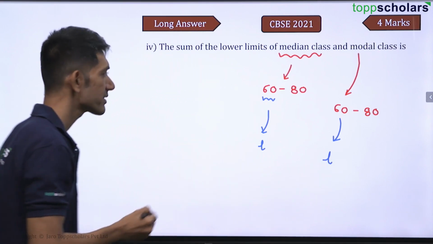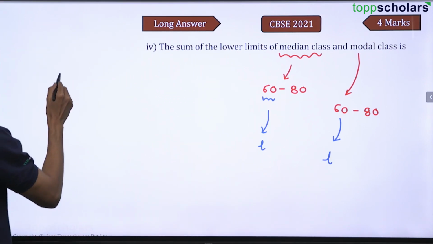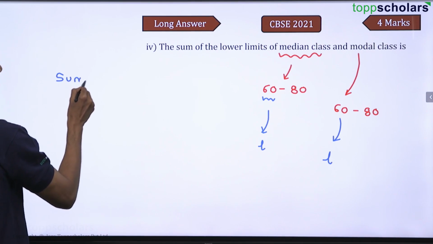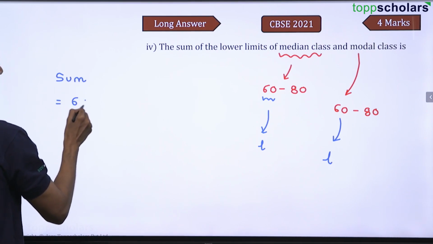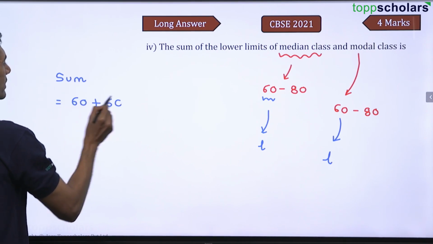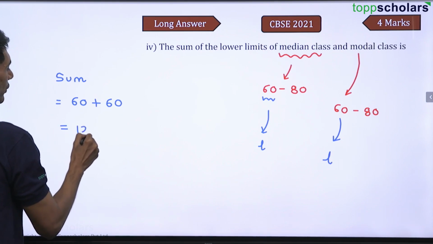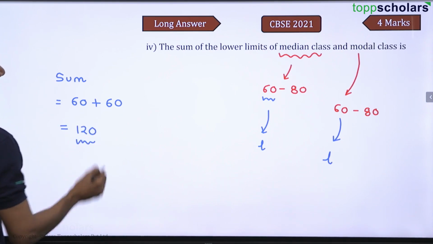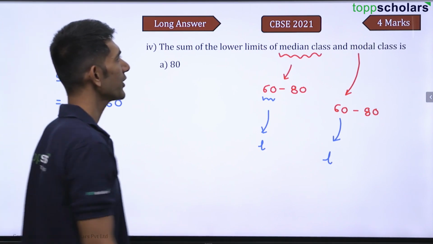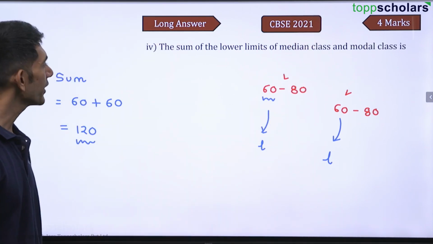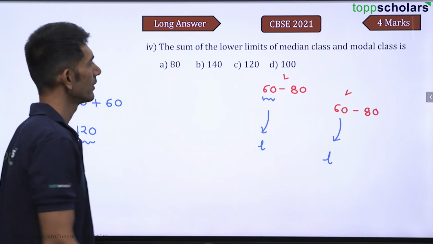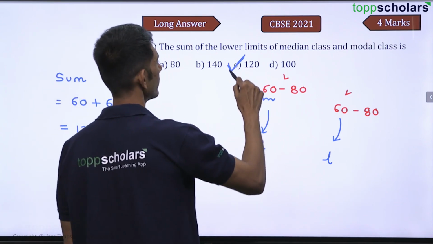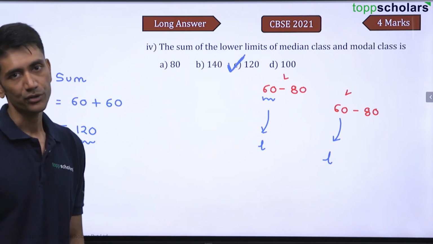The lower limit is 60 again. So what is the sum of the lower limits? So sum is equal to 60 plus 60, and that is going to give you 120. So we need to check for 120. So let us see if we have 120. Yes, we have. So C is the correct option.